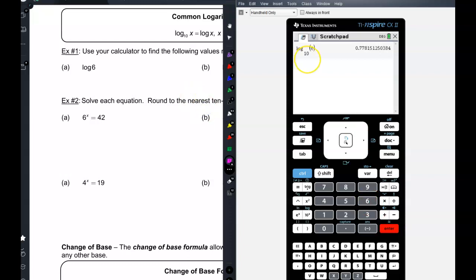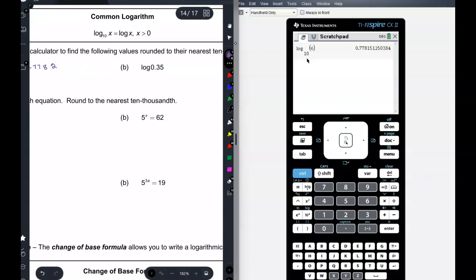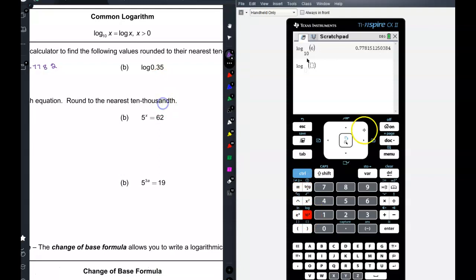And there we go. You see it already puts in an automatic base of 10, right? So now I get log 6 equal to 0.7782. Okay? So the next one, I'm going to have log of 0.35, and that gives me negative 0.4559 to 4 decimal places.